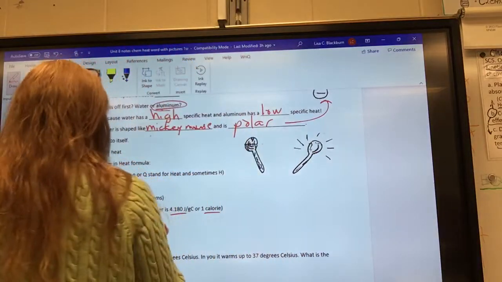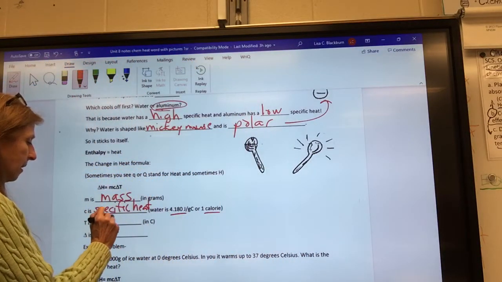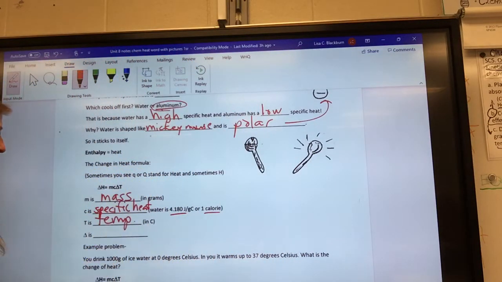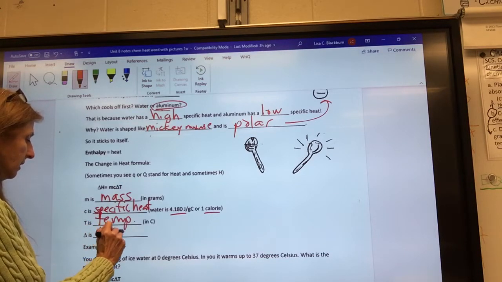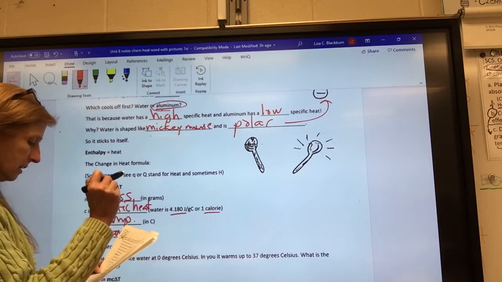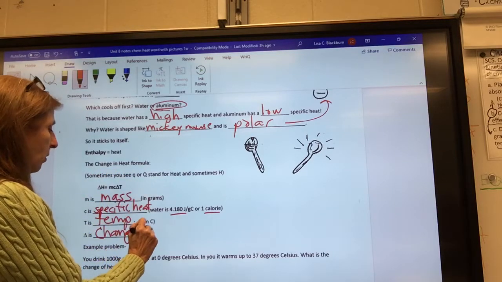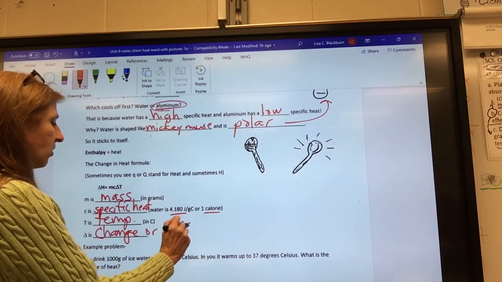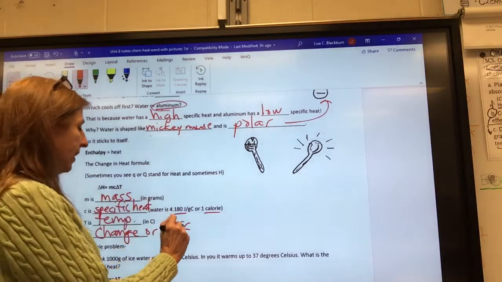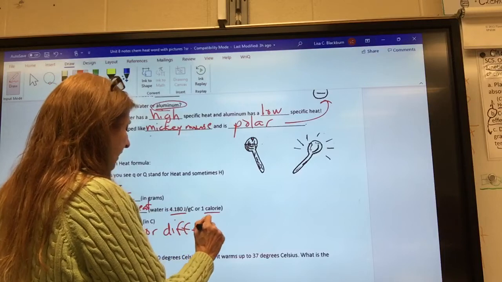T is the temperature in Celsius. I'm going to just put temp. And delta is change or difference. So what are we going to do if it's change or difference? Are we going to add, subtract, multiply, or divide? We're going to subtract the temperatures.